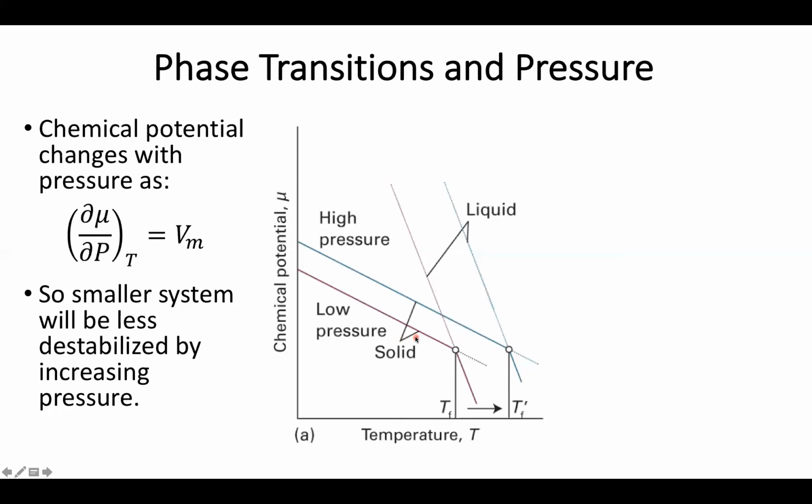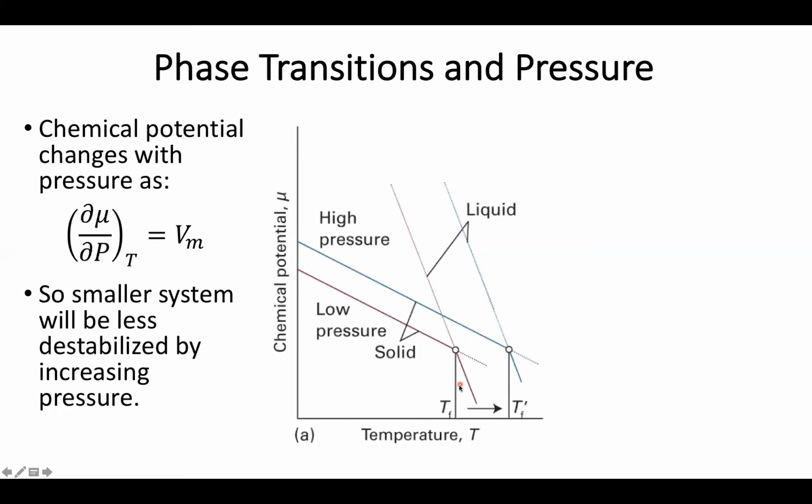So as I increase the pressure, the solid is going to go slightly up in chemical potential. And so I pretty much move my chemical potential curve with temperature slightly up. But liquids with their much larger volumes are going to be much more destabilized, and so their lines are going to move up to a much greater extent.